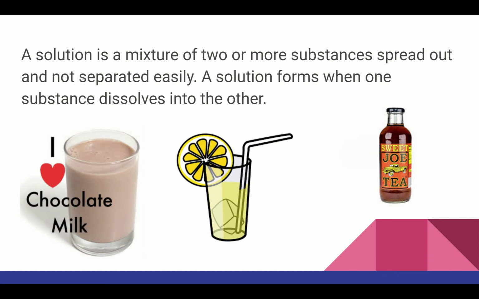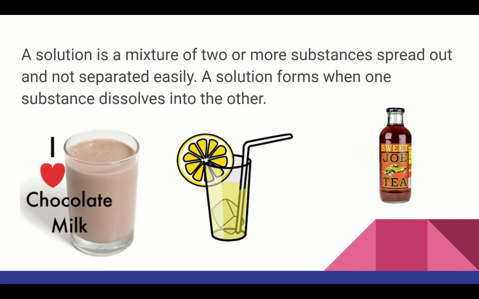So that's surface area. And then the third one, which we did last week when we were doing our solubility, was stirring. Stirring is the third one. So if we stir it up, if we try to stir that sugar into that water, it's going to dissolve a lot faster. And then the last one, which is something we didn't do, is temperature.